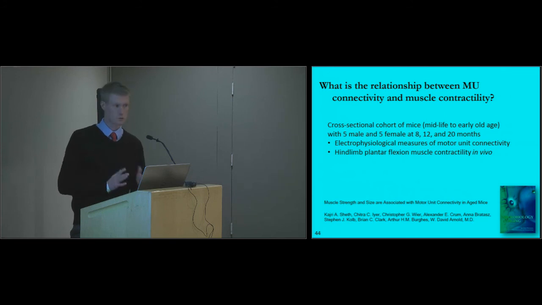So we want to look at muscle function compared to motor unit number. This study wasn't longitudinal, for simplicity and efficiency, so we took cohorts. We had previously shown that motor unit connectivity loss started at 20 months, so we wanted to take midlife and early aging to see how these measures were associated.